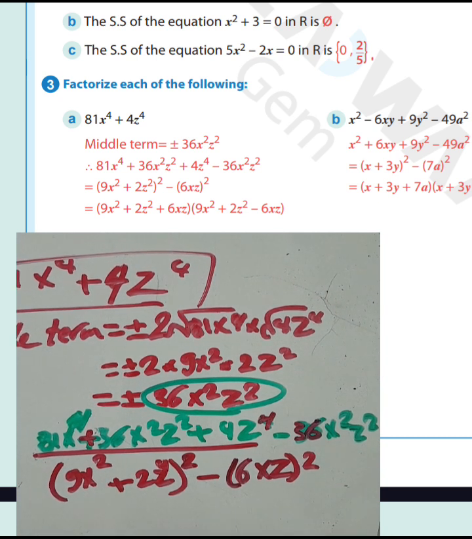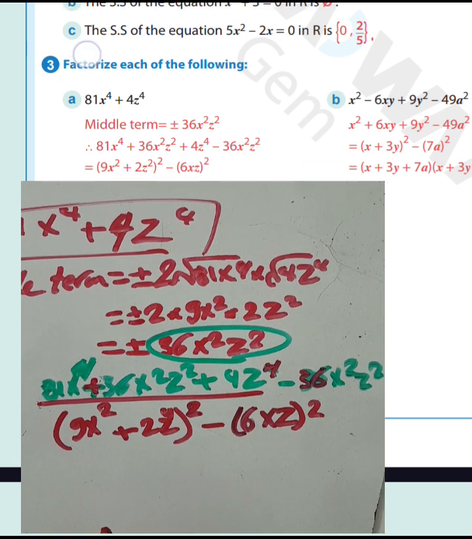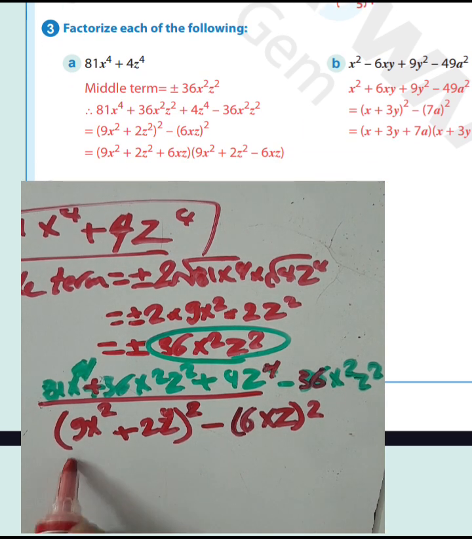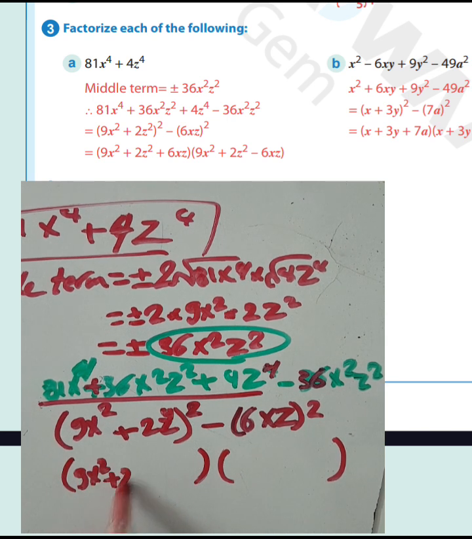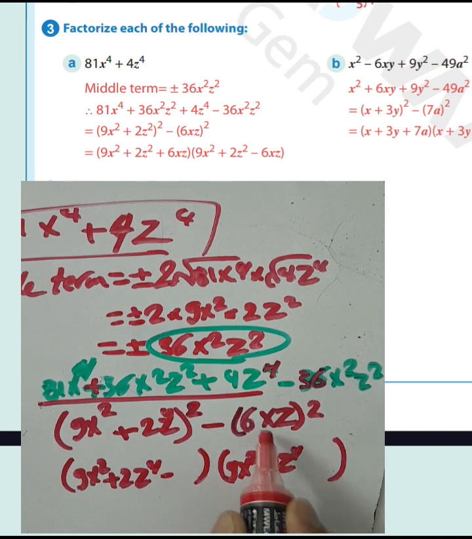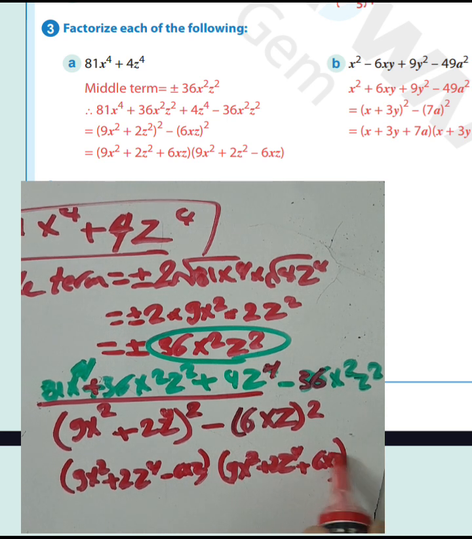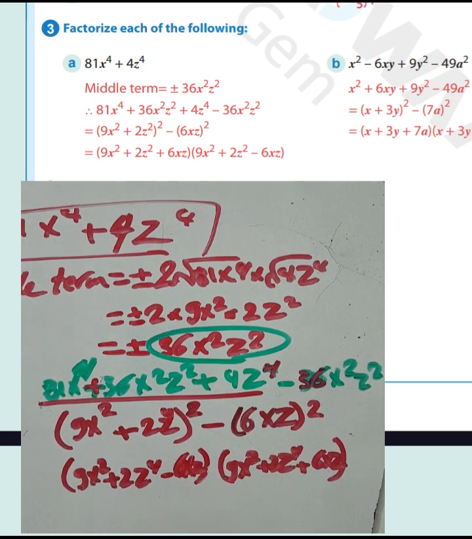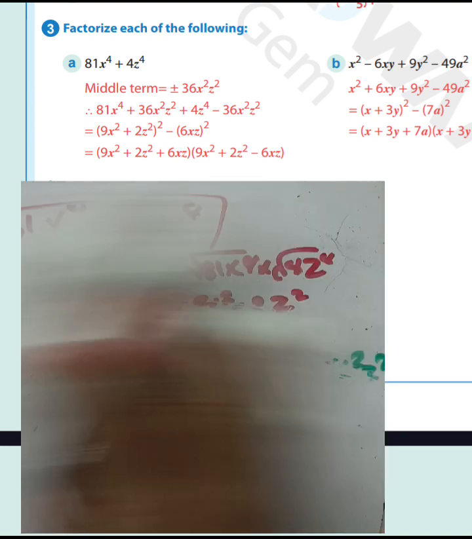Then complete factorizing this expression by repeating: 9x power 2 plus 2z power 2, write 9x power 2 plus 2z power 2, subtract here 6xz plus 6xz. Do you understand? Okay, we must know these tips about this expression.